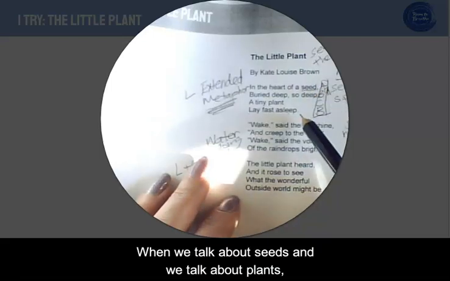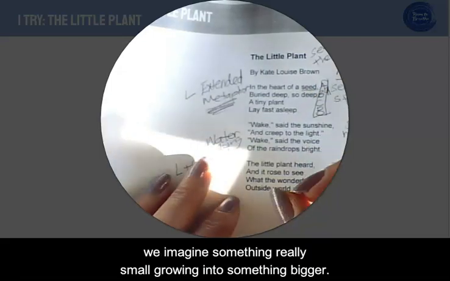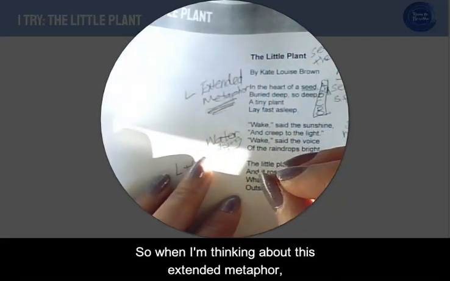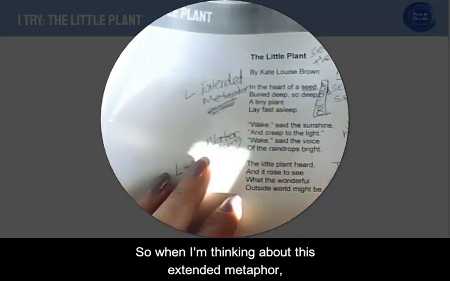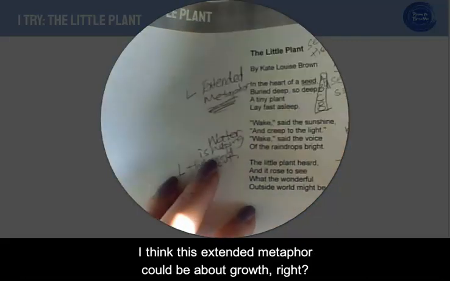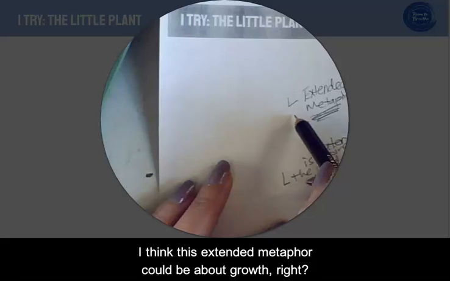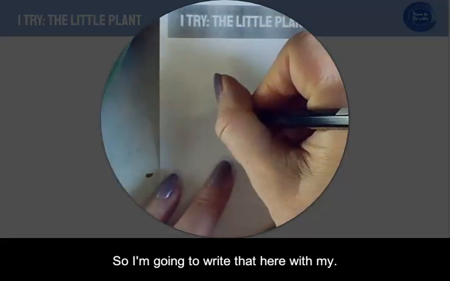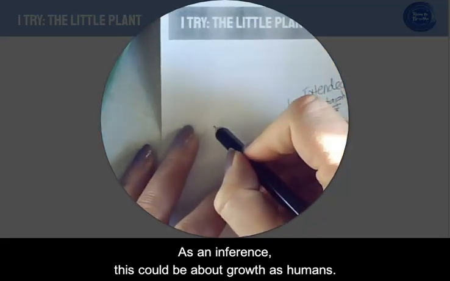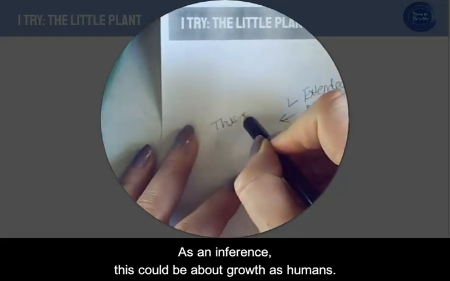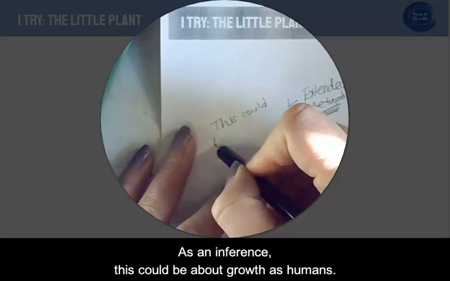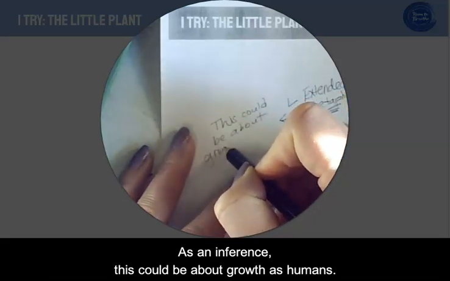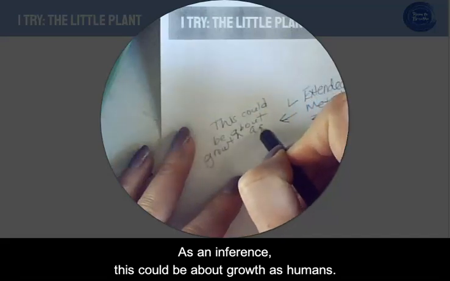When we talk about seeds and plants, we imagine something really small growing into something bigger. So when I'm thinking about this extended metaphor, I think it could be about growth, right? So I'm going to write that here as an inference: this could be about growth as humans.